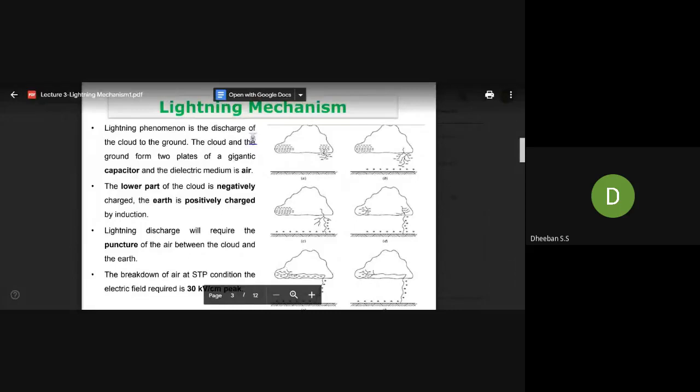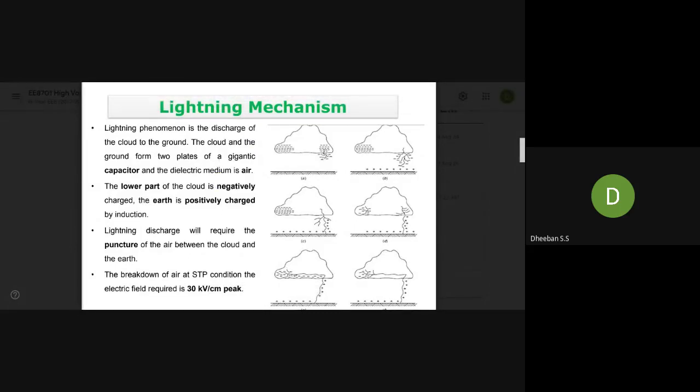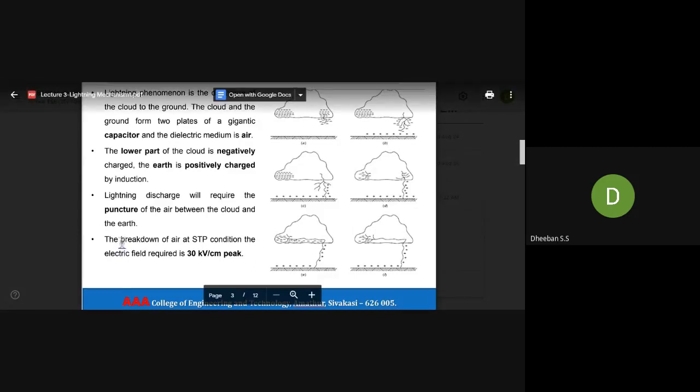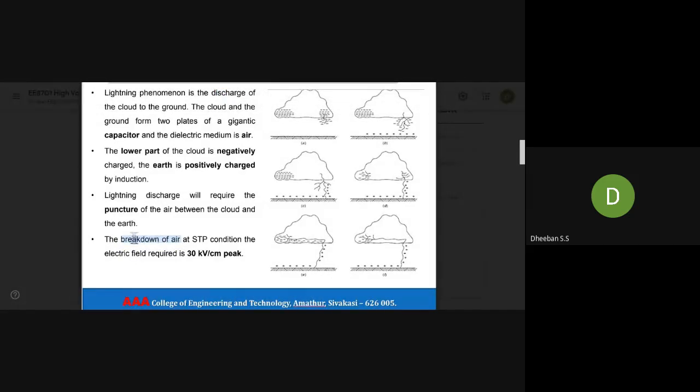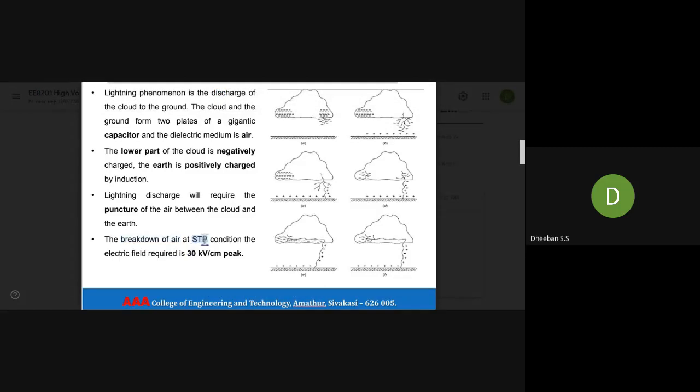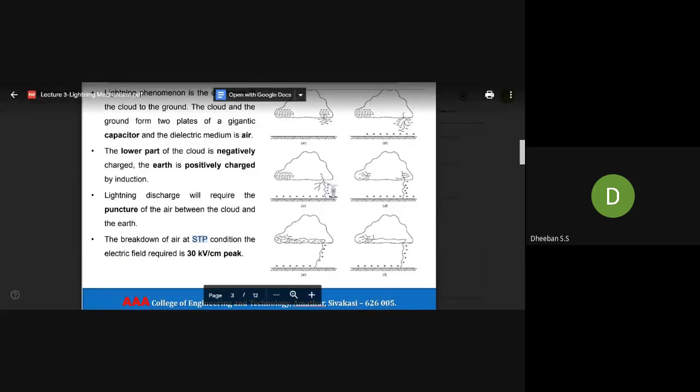So now we'll resume the lecture. As I said, in order to have a perfect discharge, the air medium must be able to conduct. So for that, the breakdown of air. To break down the air, there is some condition. At STP, which refers to standard temperature and pressure, some amount of electric field is required.